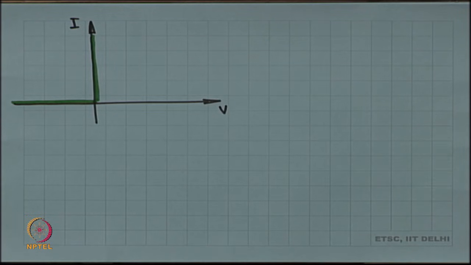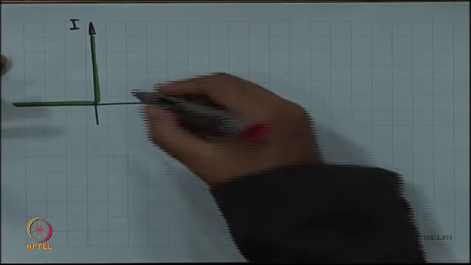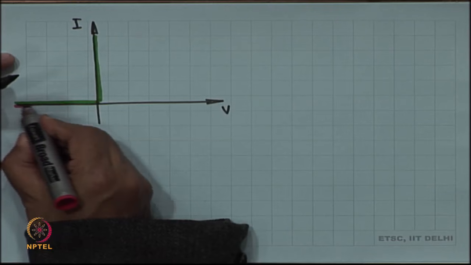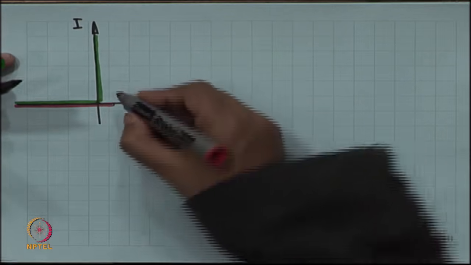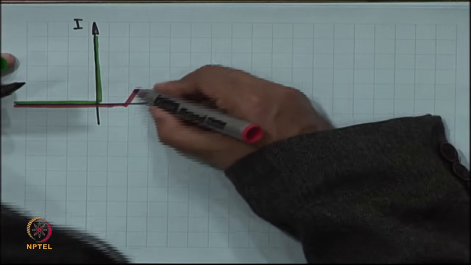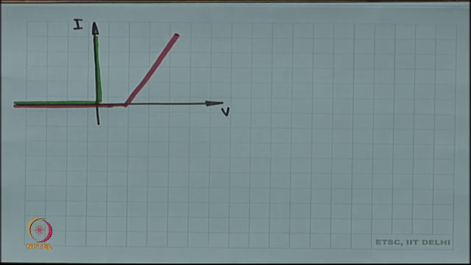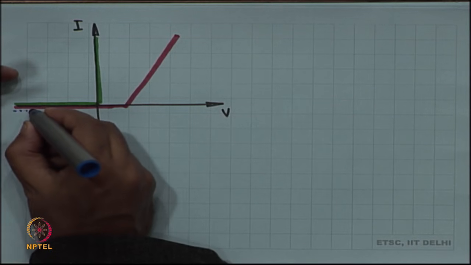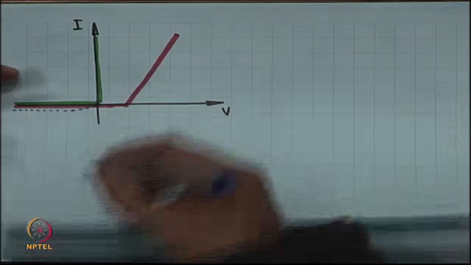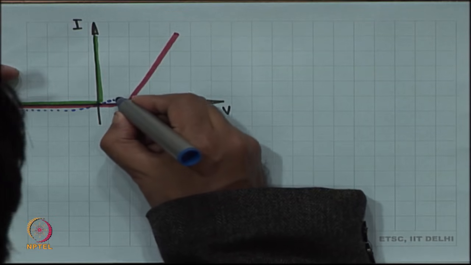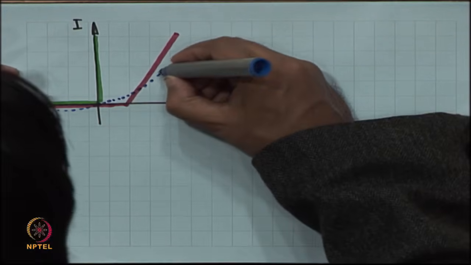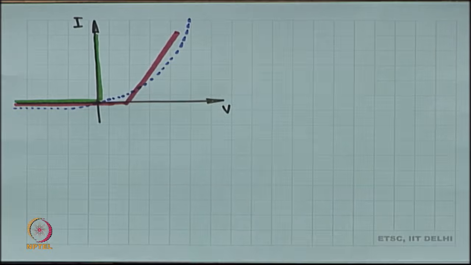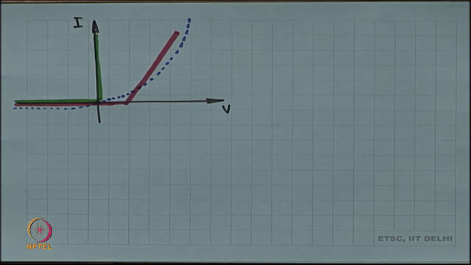Then the diode that I believed I purchased, or a second level abstraction, was something like this, and a third level abstraction, which is the actual diode, is something that looks like this.